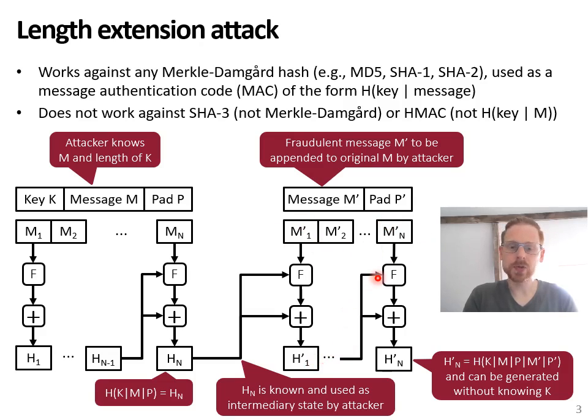The attacker then uses standard SHA and ends up with hn', which is a valid message authentication code of this entire message. So as you can see, the attacker is able to generate a valid code for a message that combines an original message with an appended message without knowing k.